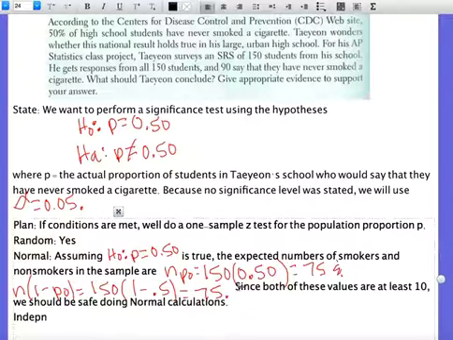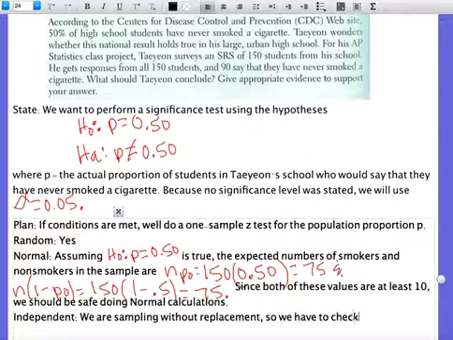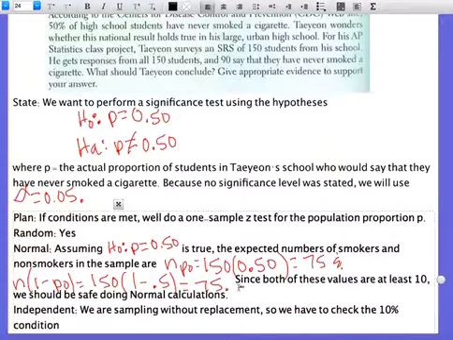Now we're going to check independency. So we are sampling without replacement, which just means he's not going to ask the same person twice. So we have to check the 10% condition. So basically, does it seem reasonable that there are at least 10 times the number in our sample people in the school?